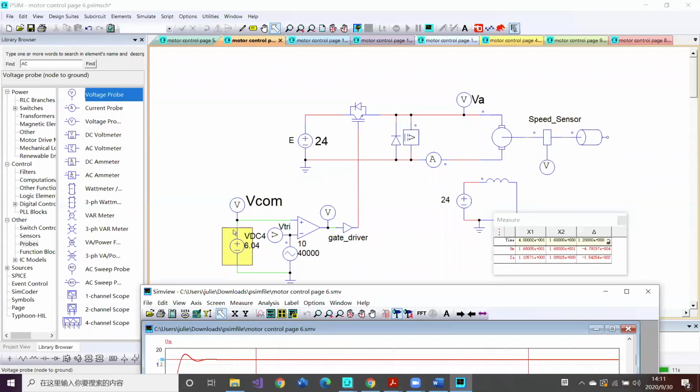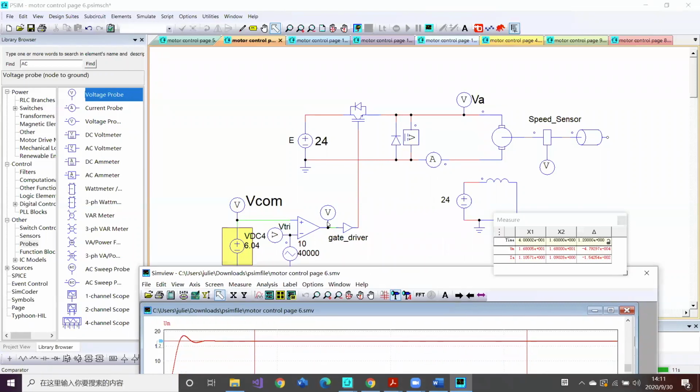Because this PWM generator uses 6.04 volts with a triangle wave, and cuts the triangle wave. So the PWM waveform is not exactly a triangle, not exactly a square wave. It has slope. I'll show you the waveform.